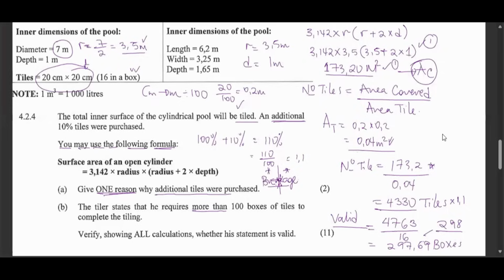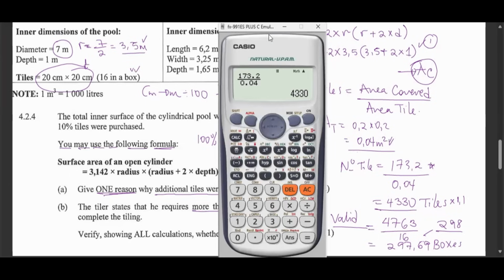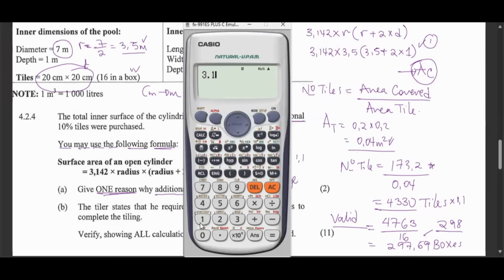Let's resume. Let's look at this critically. The area that you get here, what could it be? I'm just checking: 1,342 times, what's our radius? 3.5.